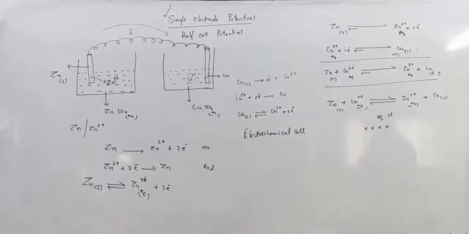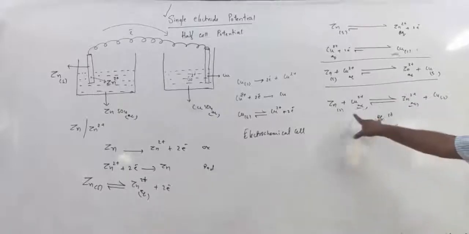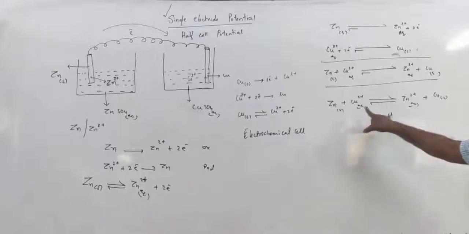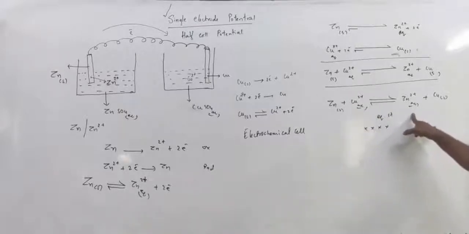Clear? Whenever equilibrium is towards the right-hand side, the cell generates energy. In the electrochemical cell, if the reaction reaches the equilibrium state, the cell does not work. The cell does not generate electrical energy.